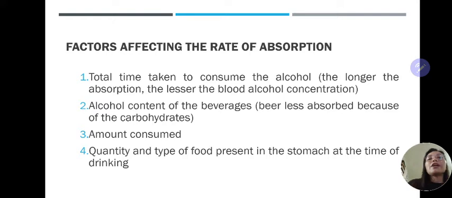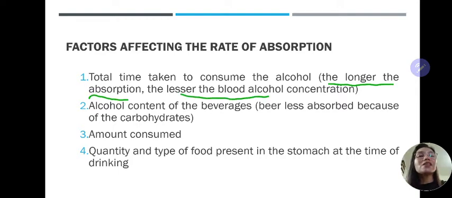So we have other factors affecting the rate of absorption. We have the total time taken to consume the alcohol. The longer the absorption, the lesser the blood alcohol concentration. So ibig sabihin nito, huwag tayong magmabilis sa pag-inom natin.